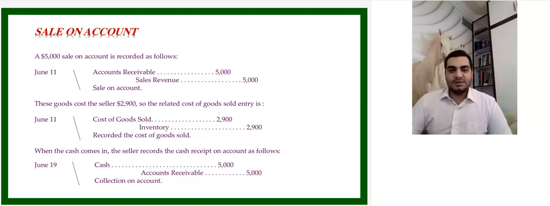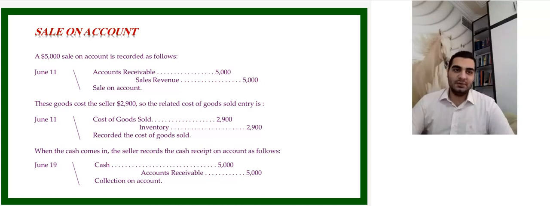On this page, we're going to discuss sale on account. For example, if a $5,000 sale on account is recorded, as you see here, our accounts receivable is debited for $5,000, and then our sales revenue is credited for the same amount. This is for sale on account. Then suppose that the cost of goods sold here is $2,900.